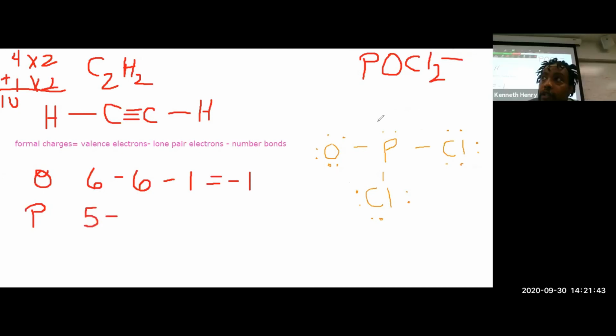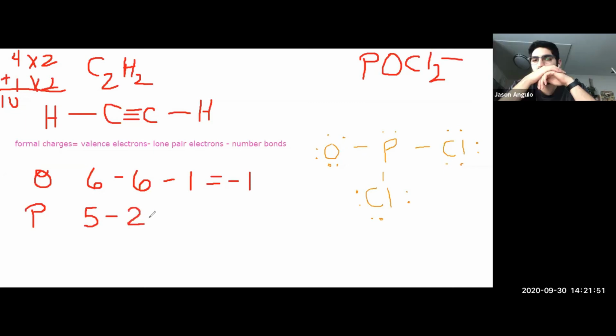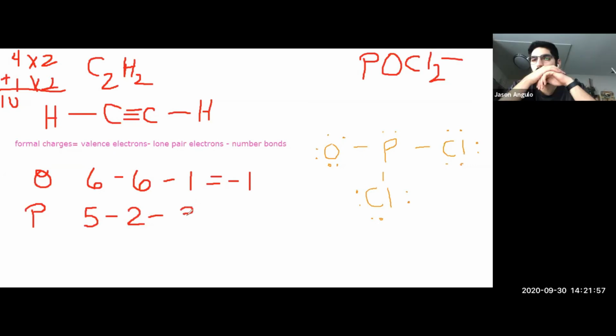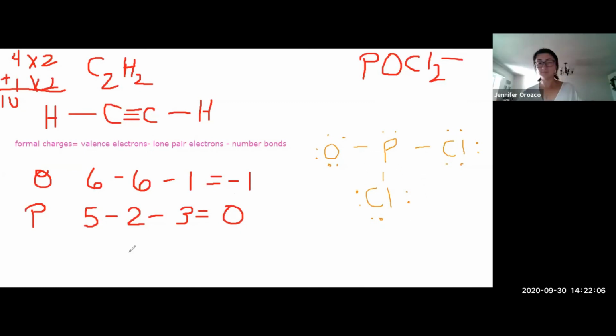How many lone pair electrons are around this phosphorus? 2. And the number of bonds? 3. This chlorine?